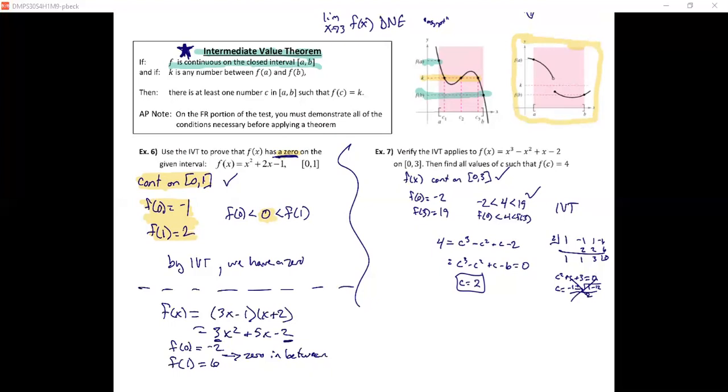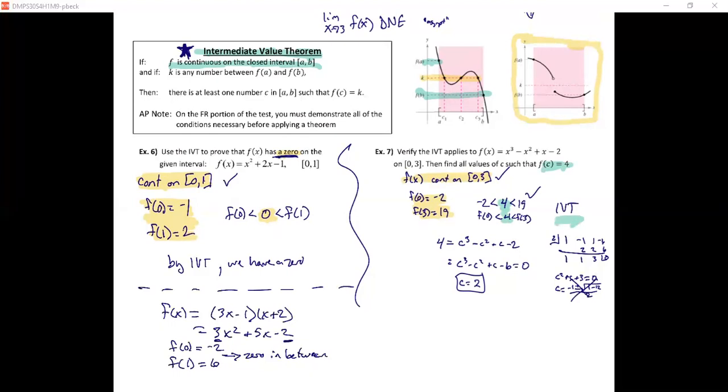Example number 7. Oops, let me change back to the highlighter. If you notice, I mentioned that we have continuity. I did find the f of a and f of b. I showed that this k value that we're looking for, let me go ahead and highlight those in a different color, is in between f of a and f of b, so the intermediate value theorem applies.